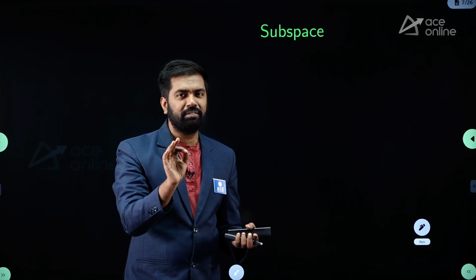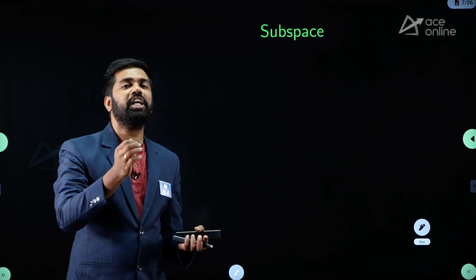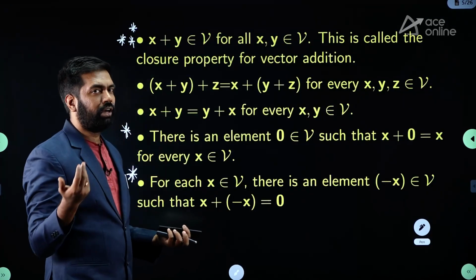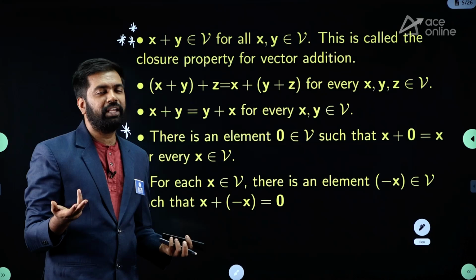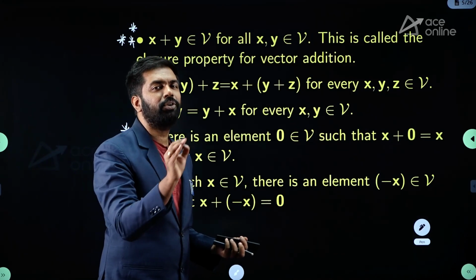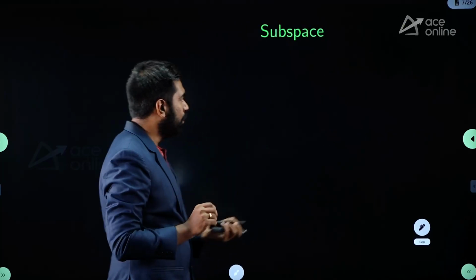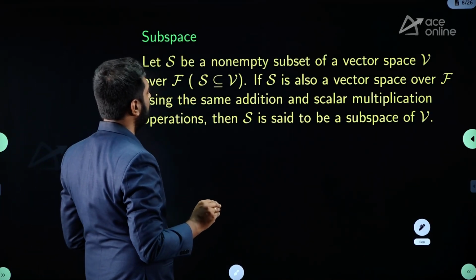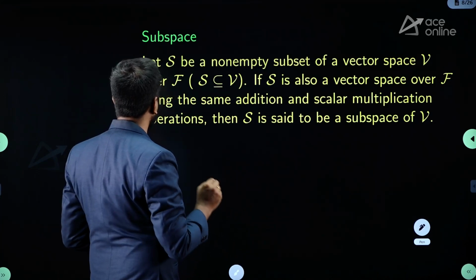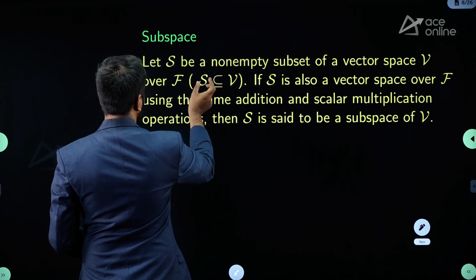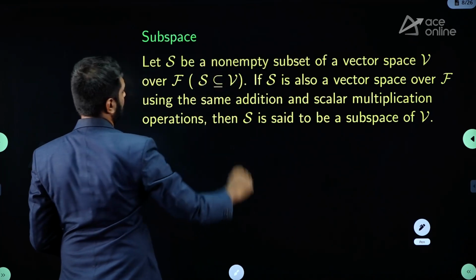A subspace is a subset of a vector space which satisfies all these properties, over vector addition as well as over scalar multiplication. So have a look at this definition, students. Let S be a non-empty subset of a vector space V over F. Mathematically you can denote that subset as S subset of V.